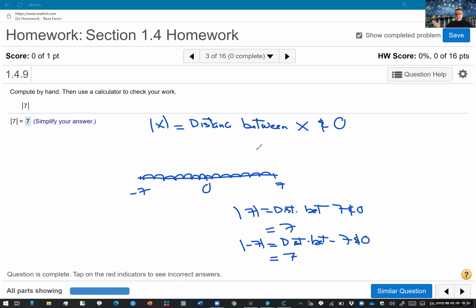Distance cannot be smaller than what? Smaller than 0, right? Because if two numbers are not the same, there's going to be some distance between them, right? Some number of units between them. So if they're not the same, the distance is definitely going to be positive, right? And if the numbers happen to be the same, the distance between them is going to be 0.